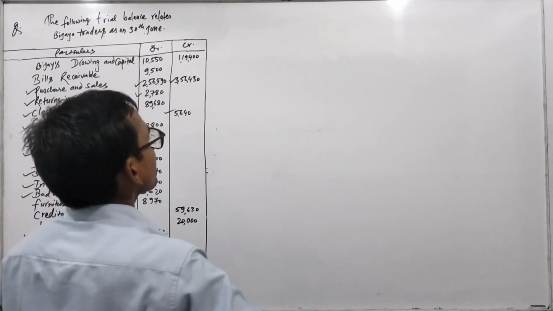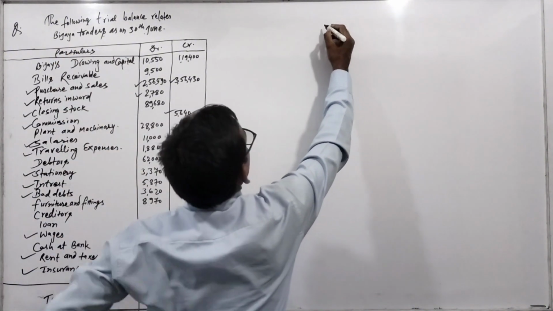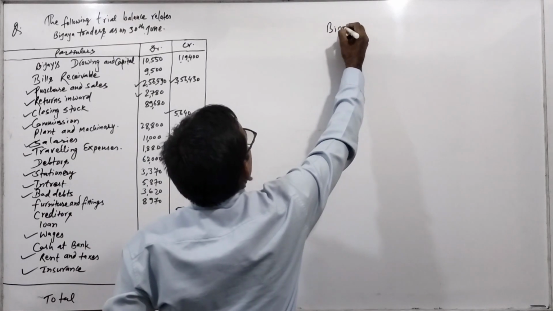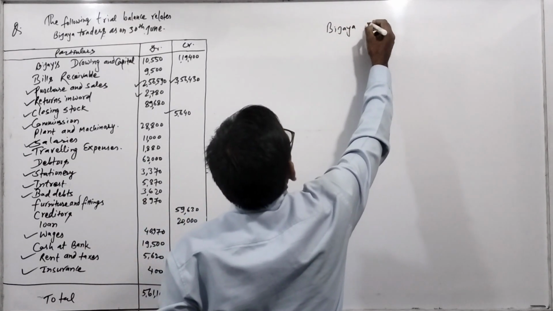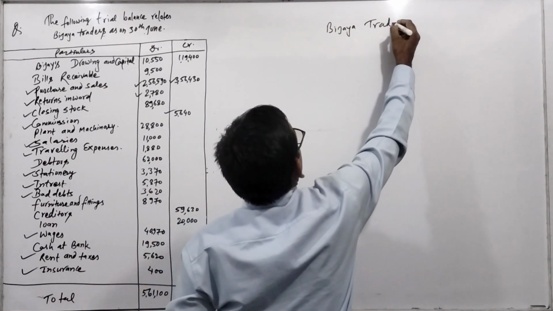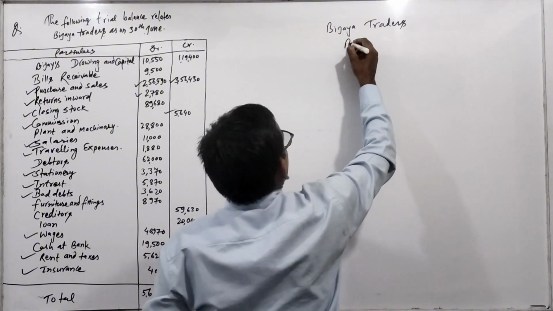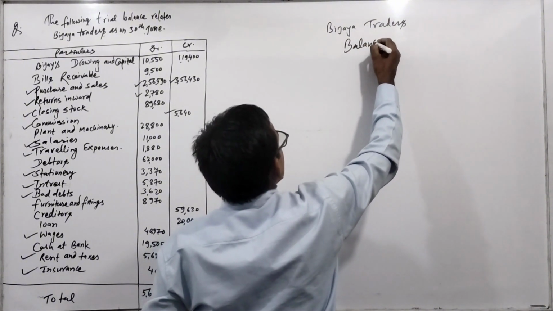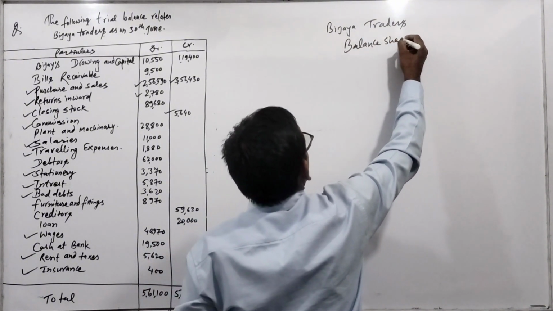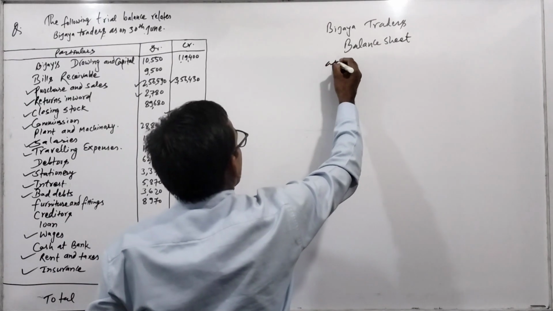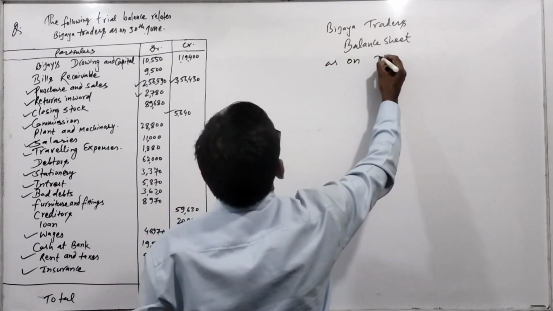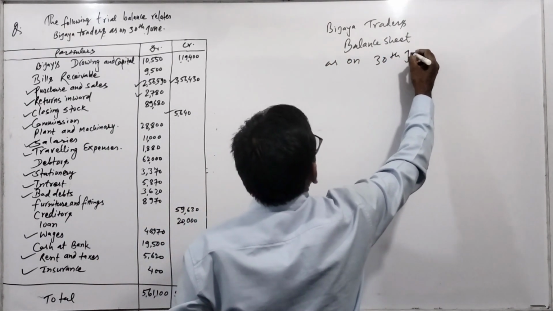So what will you write now? Name of the company. Name is Bijay Traders. You have to write here balance sheet. Balance sheet, as on date you have to write 13th June.